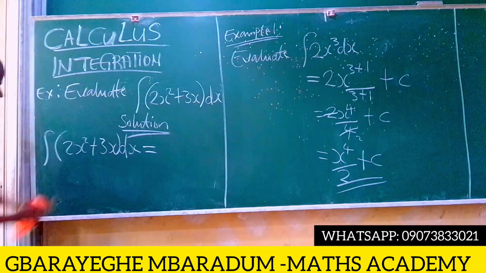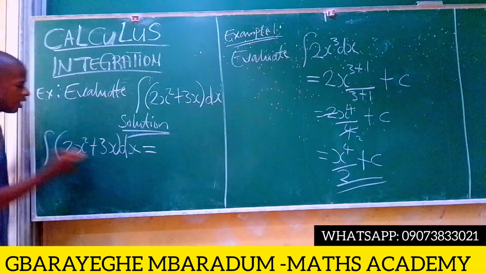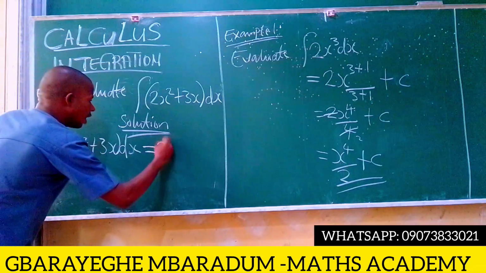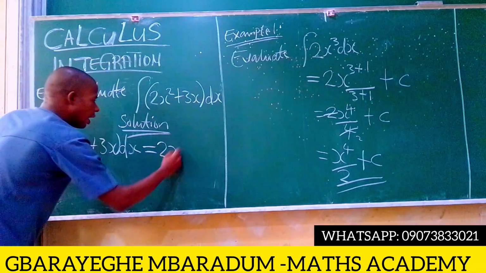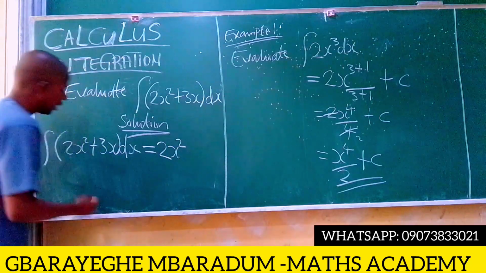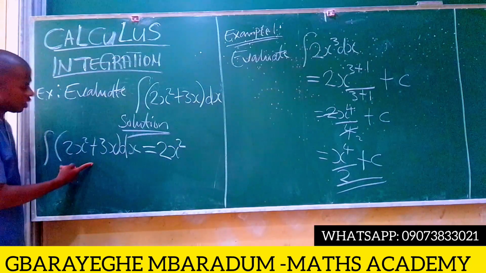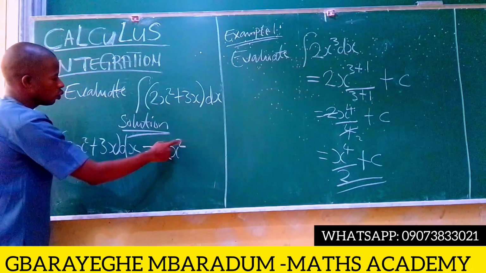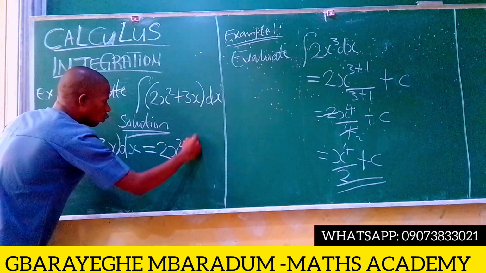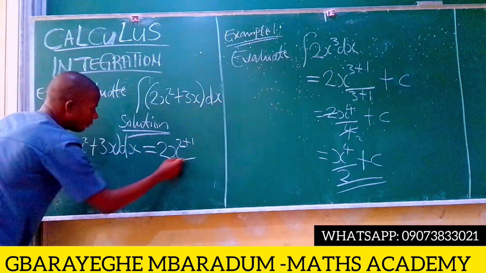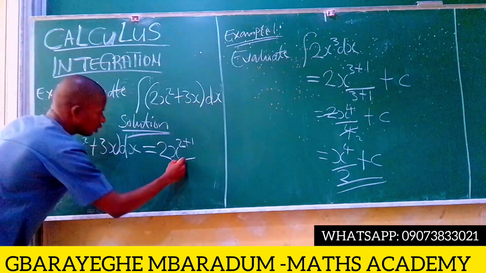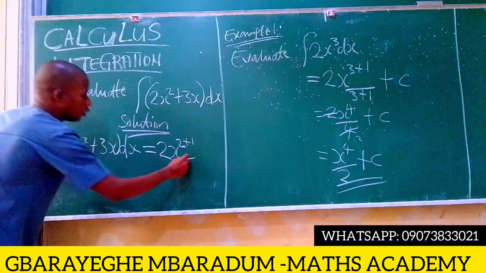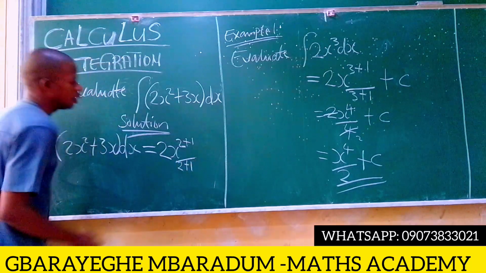When we are integrating, we remove the integral sign, then we have 2 here, then x to the power of 2. In integration we are adding 1 to the power, so for x to the power of 2, we introduce plus 1. Now divide by the same power, which is 2, plus 1 at the denominator.